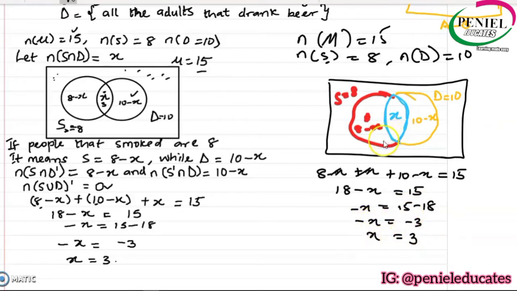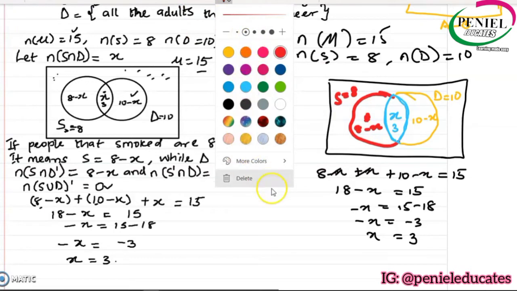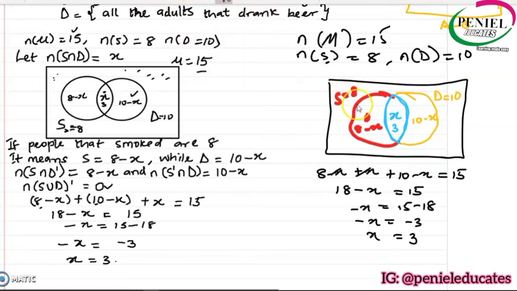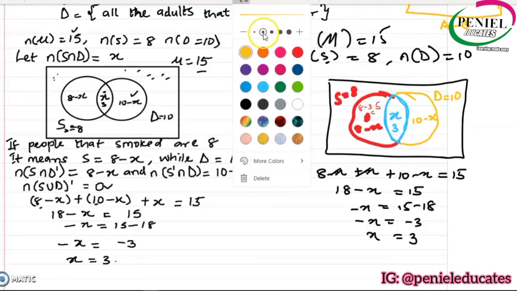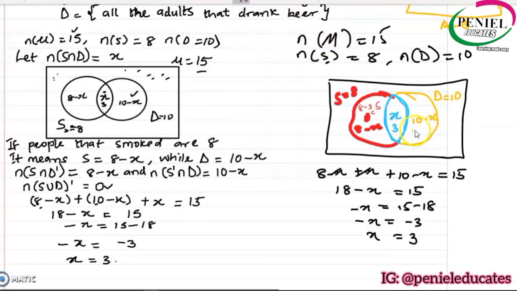All right, so now that I know my X to be 3, I can easily do my calculation. X here is 3. So here I just do my 8 minus 3, which is going to give me 5, and here I just do my 10 minus 3.